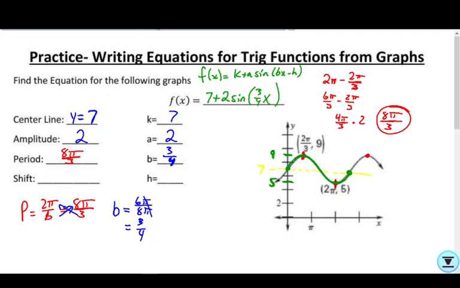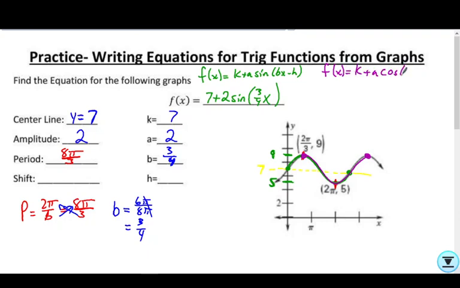Okay? So that's what it would be if it were sine. If I was doing cosine, and that I'll do in this color, my cosine would start here and it would go to here. I'd still be using this equation, f of x equals k plus a cosine of bx minus h.